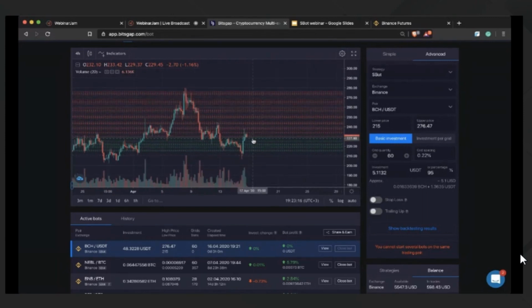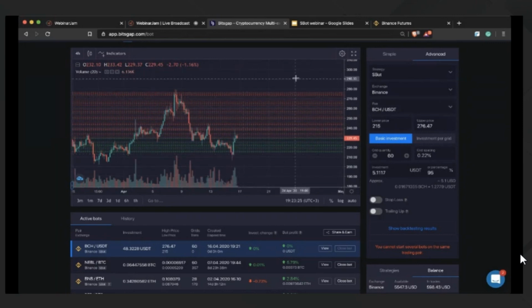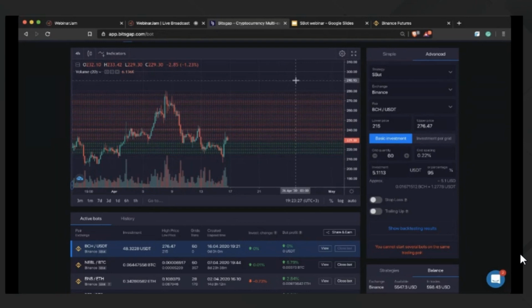So as the price is going to fall a little bit, it will buy the base currency. And then if the price goes up as you expected, you will profit.